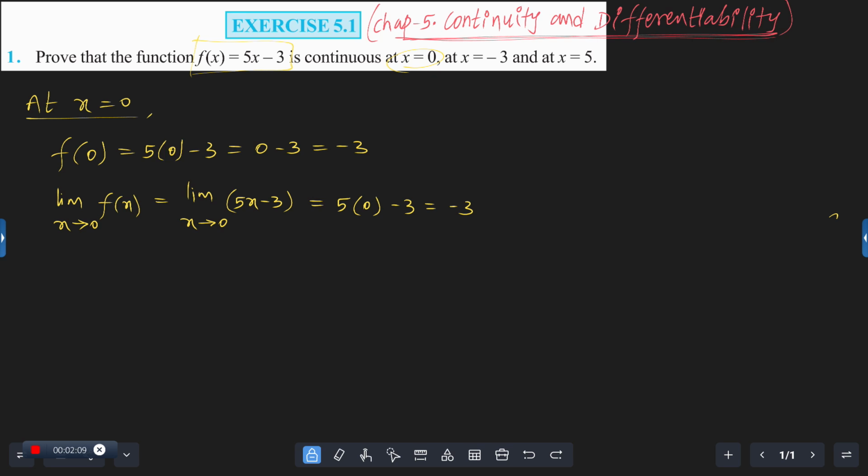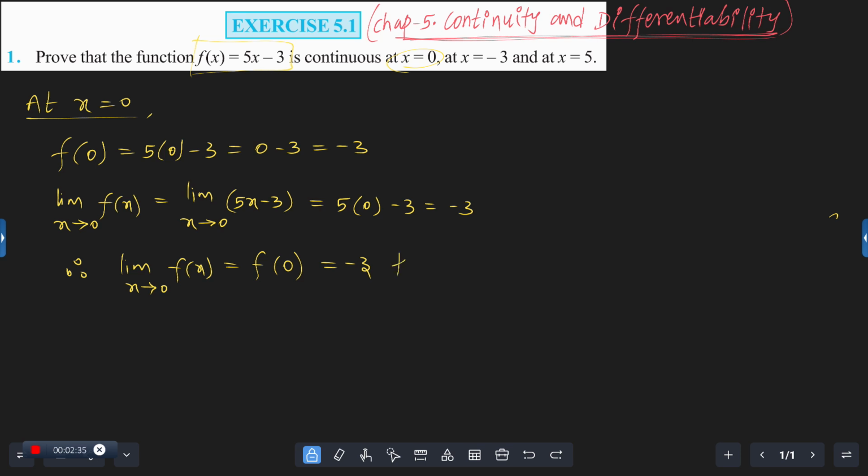Function value and limit value are equal. Limit x tends to 0, f of x equals f of 0: this is the function value and this is the limit value. So both are equal to minus 3. Then what can we say? It is continuous at 0.